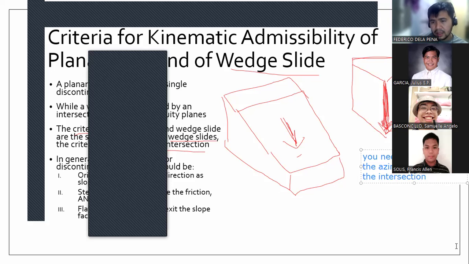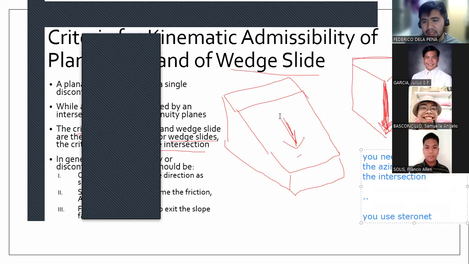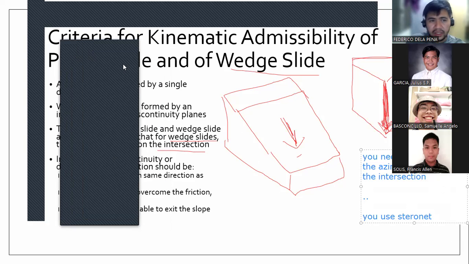So how do you do that? You use the stereonet. You can do that in the DIPS software, I think. I think DIPS software already automatically calculates that. Or you can just do it by paper, like what you did in structural geology, right?